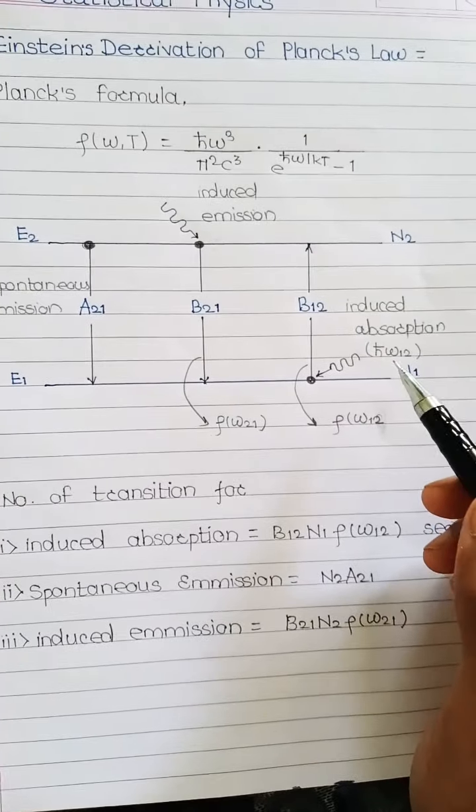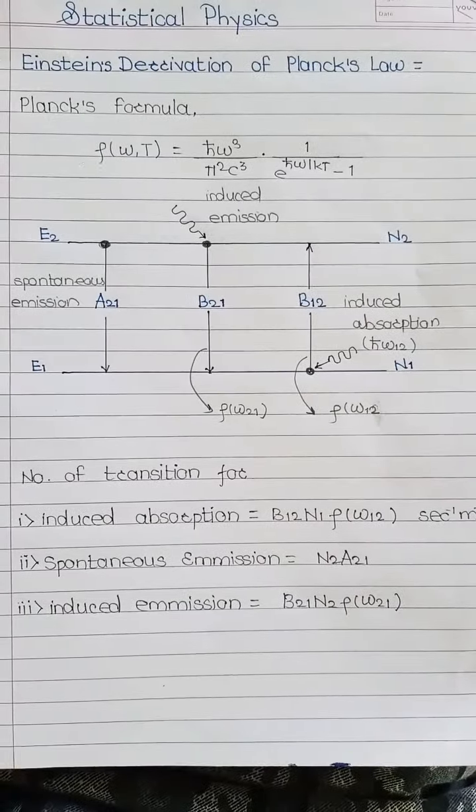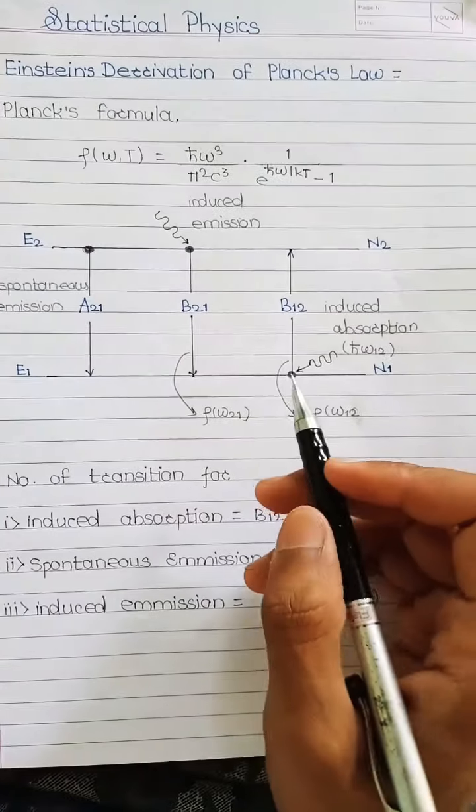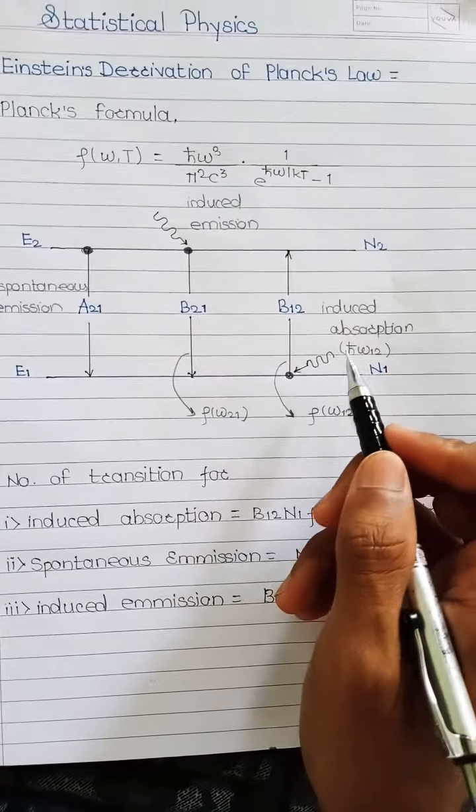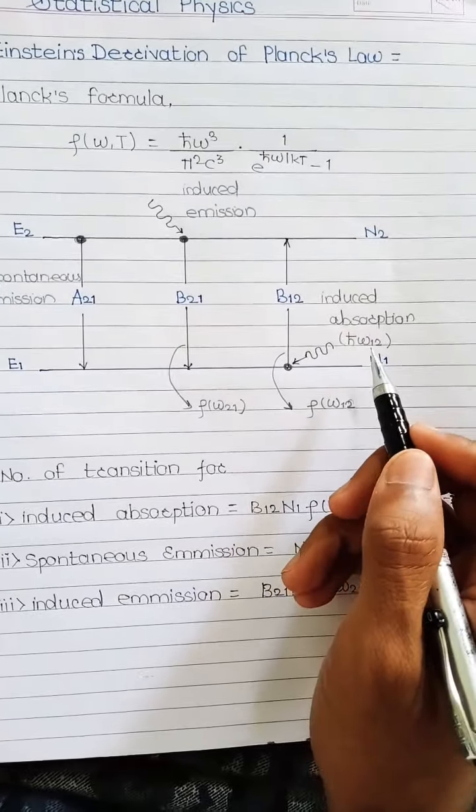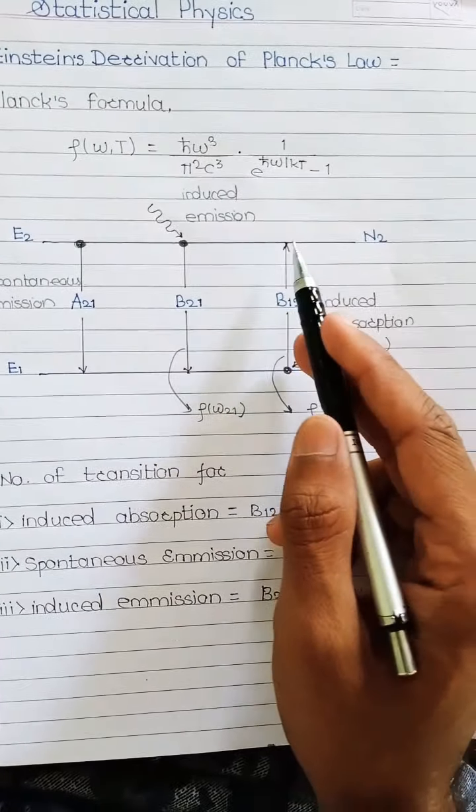Now what happens in induced absorption? An atom in level E1 may absorb energy h cross omega 12 and jump to the level E2.